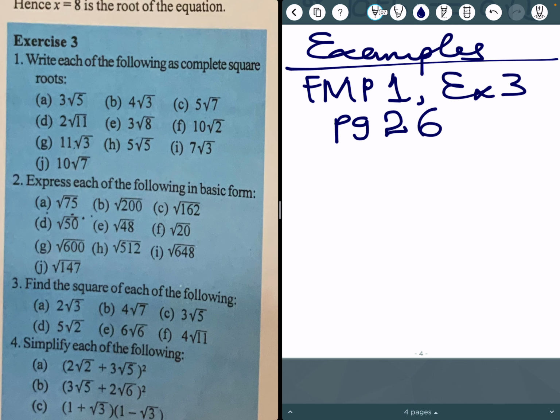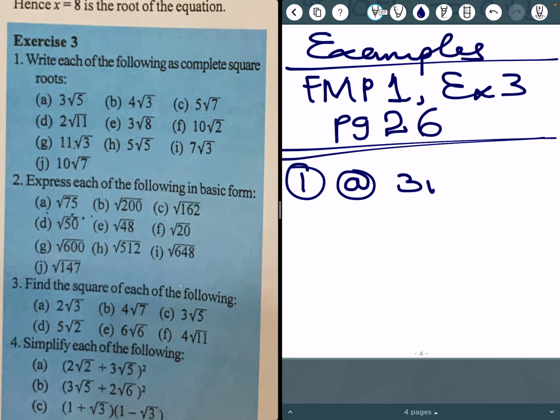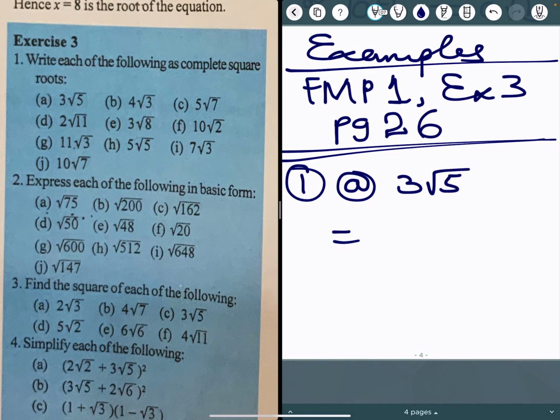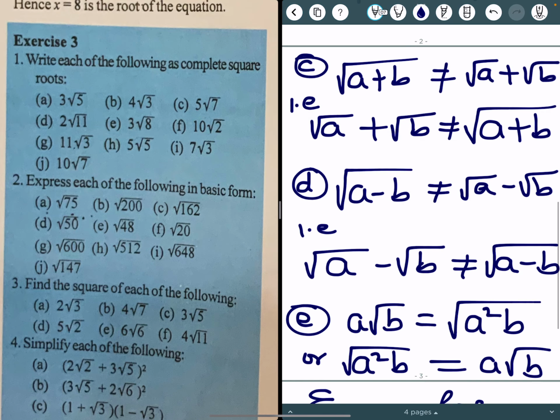The first question says we should write each of the following as complete square roots. The first question is 3 root 5. To write this as a complete square root, we employ our fifth rule. This is the rule that will be useful for question 1.